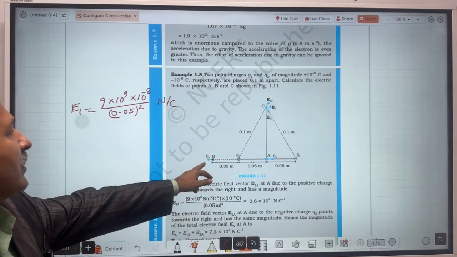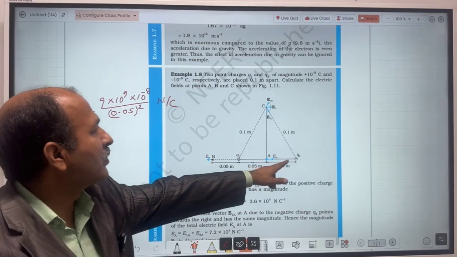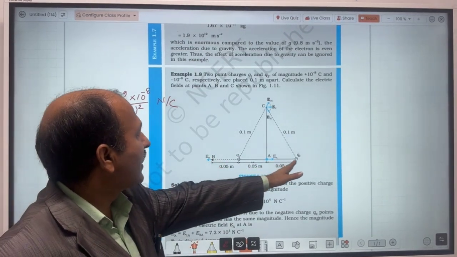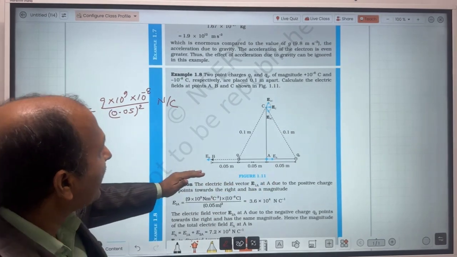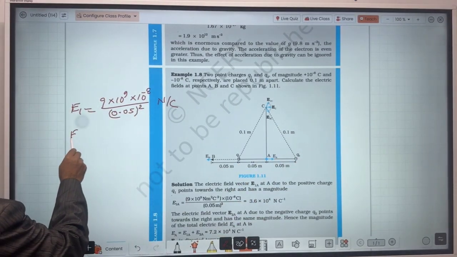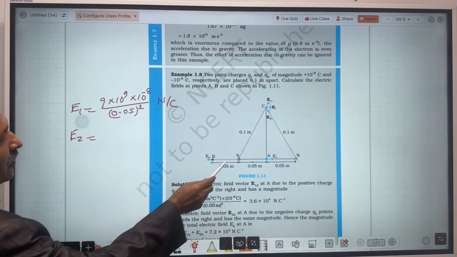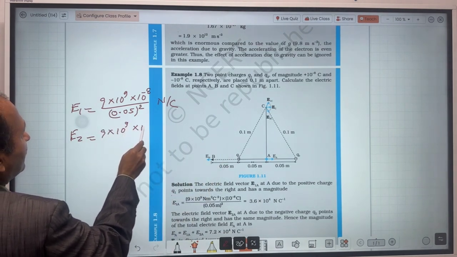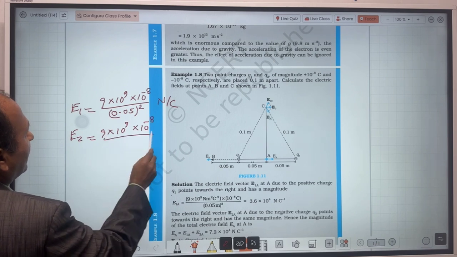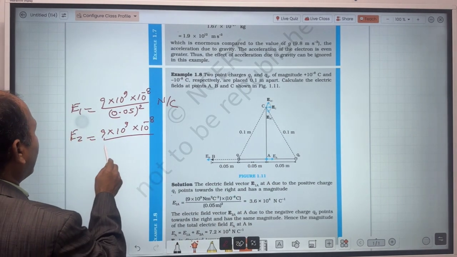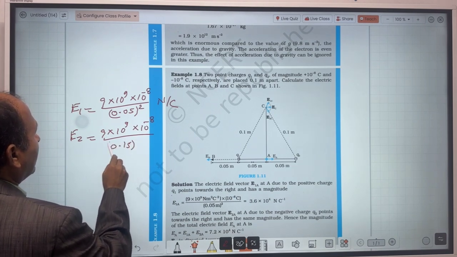Now you have to find the electric field at point B due to charge Q2. Since this charge is negative, the field will be directed like this. So we find E2, which will be equal to the value of charge, same, 9 into 10 to the power 9 into 10 to the power minus 8 divided by the separation, which this time is triple, so 0.15 square.